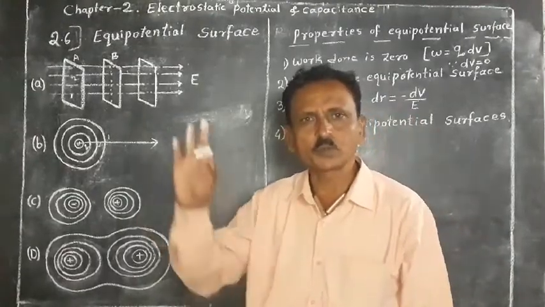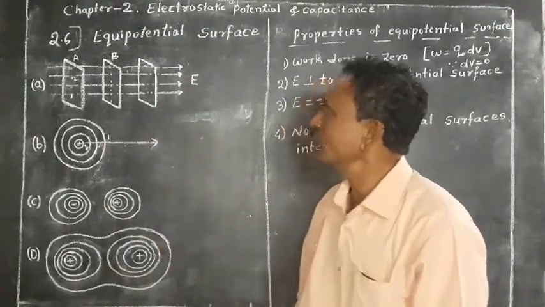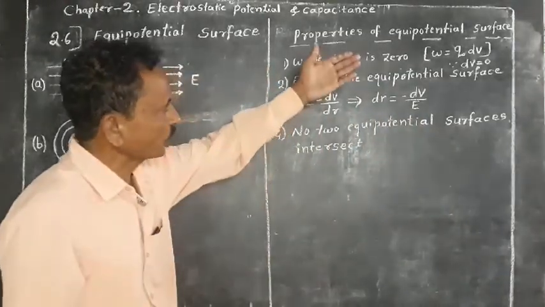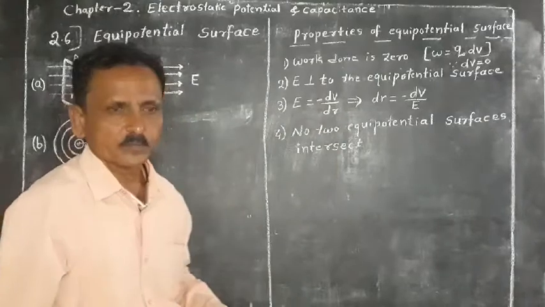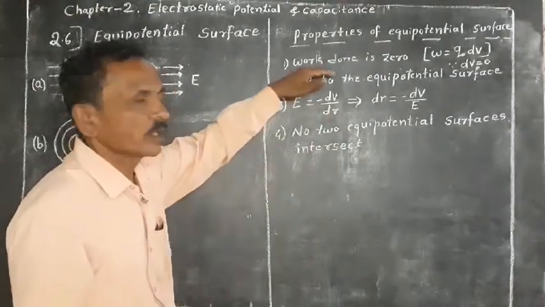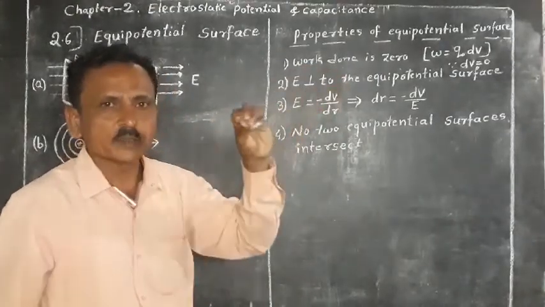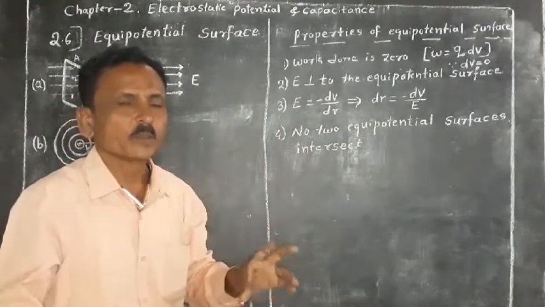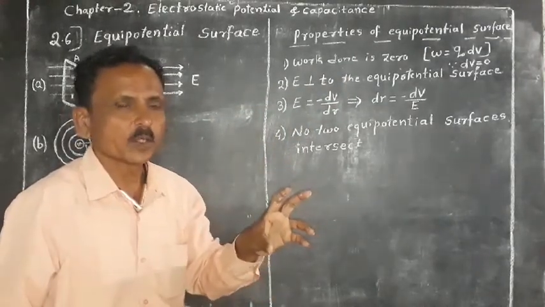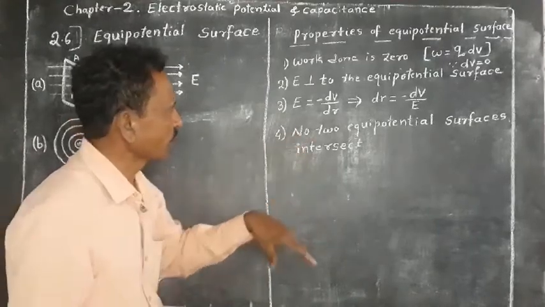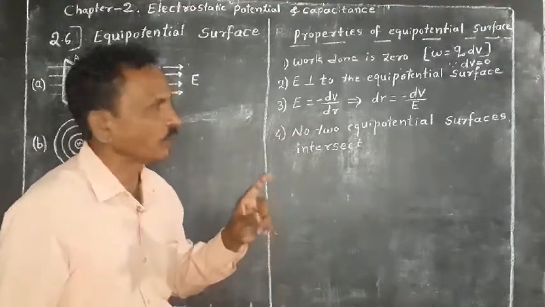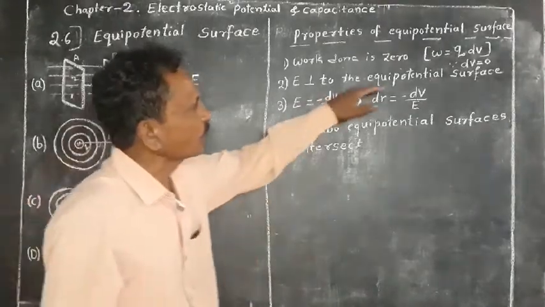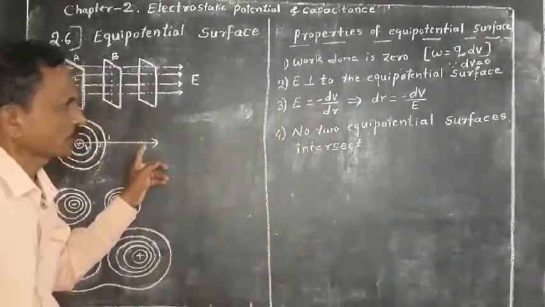That is the use of the study of equipotential surface. And the properties of equipotential surface: the work done over an equipotential surface is zero because there is no potential difference between any two points on the equipotential surface. And electric field is always normal to the equipotential surface at any point.